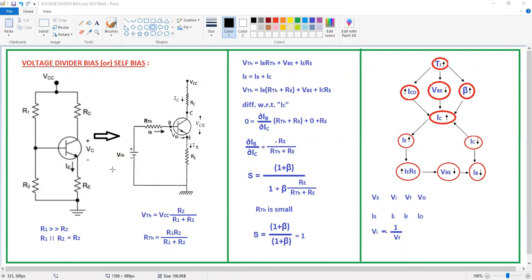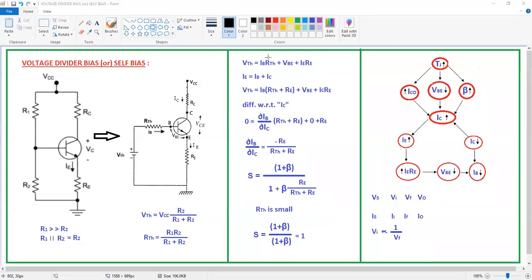From that I write this equation: VTH is equal to RTH into IB, because the current through this is IB, plus VBE, plus IE into RE, because the current through the emitter resistor is IE. So the equation is VTH is equal to IB into RTH plus VBE plus IE into RE. This is by using the KVL statement.